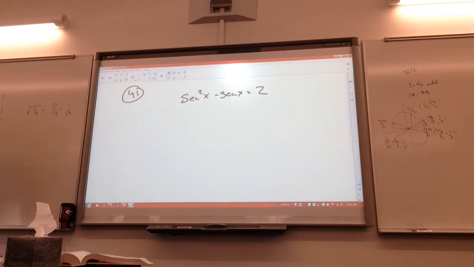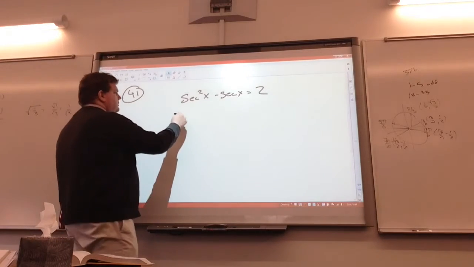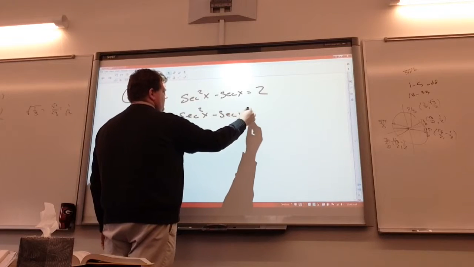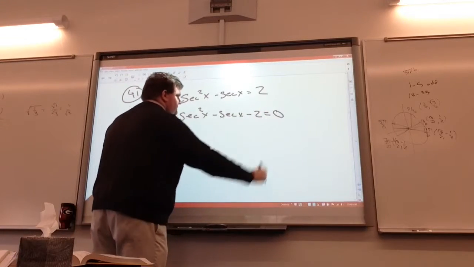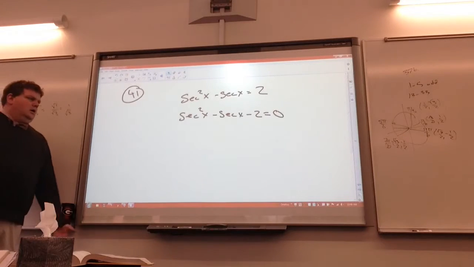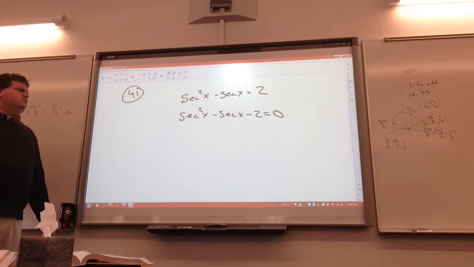But what is this beginning to look suspiciously a lot like? A quadratic, isn't it? And in fact, if I move that 2 over, that looks exactly like a quadratic, right? Now, you might say, how do I deal with secant squared of x as a quadratic?